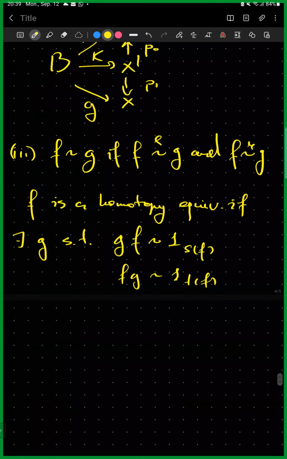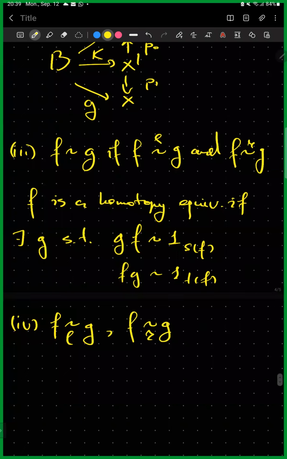Okay, and finally, the usefulness of these two relations on morphisms in a model category is that if F is left or right homotopic to G, then in fact under localization they become equal.